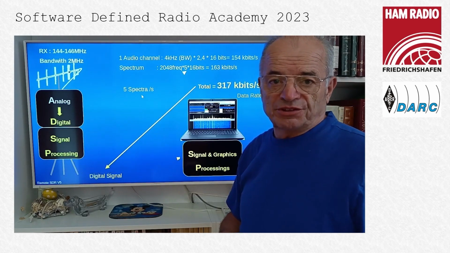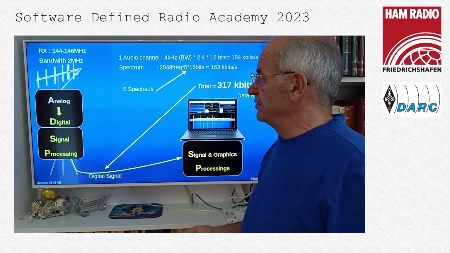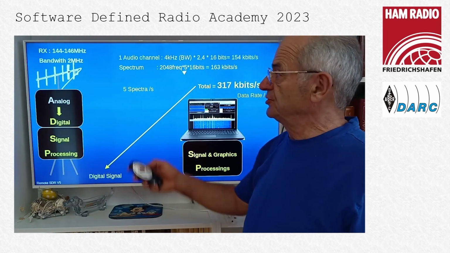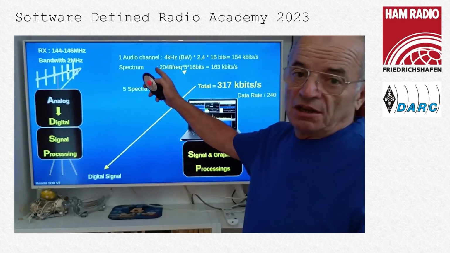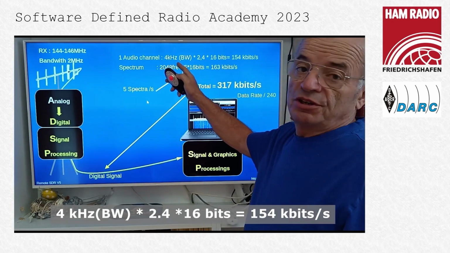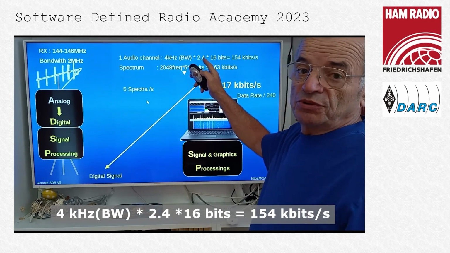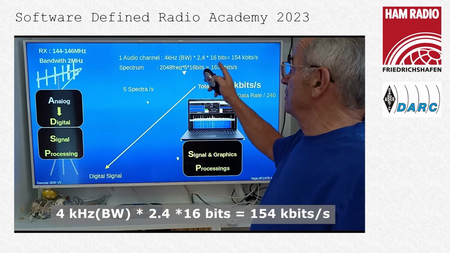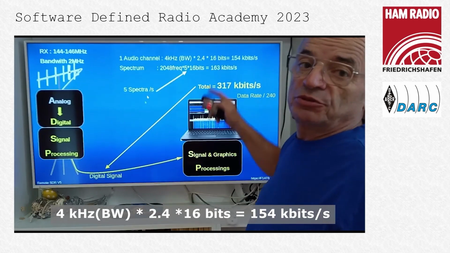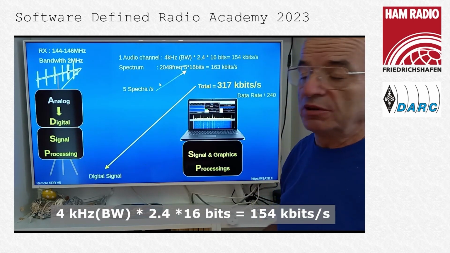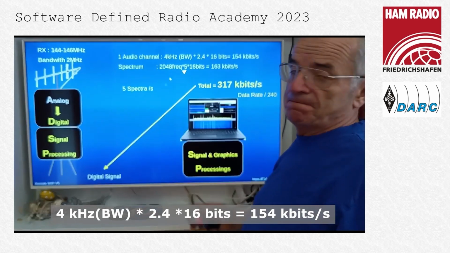For a transceiver or receiver, we need simply an audio channel. An audio channel of 4 kilohertz is sufficient for the bandwidth, multiplied by 2.4, the famous Shannon coefficient, and 16 bits. And so we arrive at a data rate of 154 kilobits per second, which is needed.